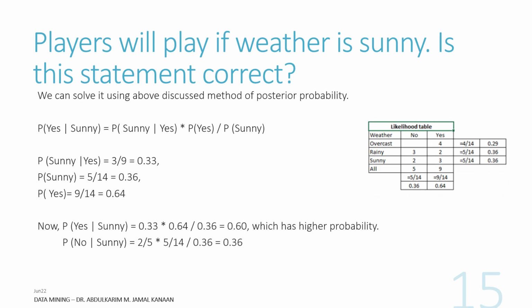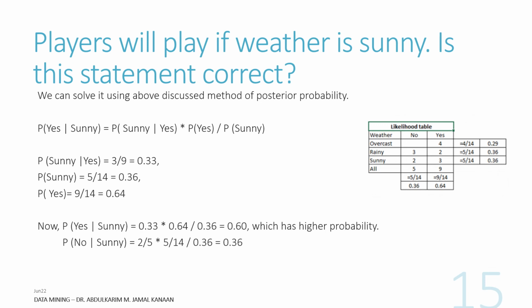Next, what is the probability that the weather was sunny among these 14 incidents? We had 5 incidents where the weather was sunny, divided by 14, the total number of incidents, regardless of whether the team has played or not.